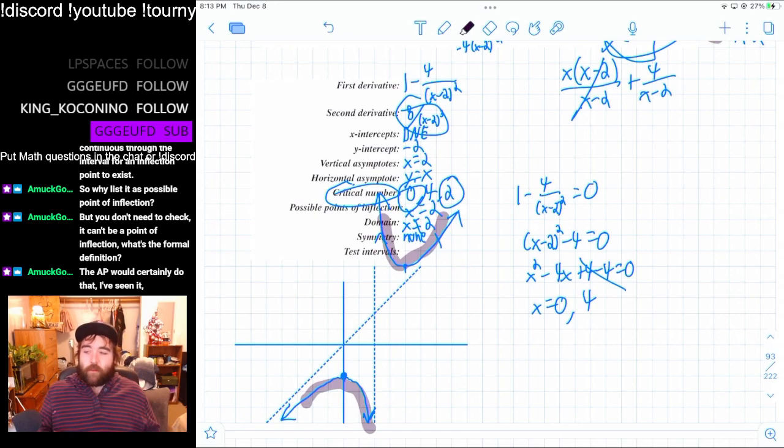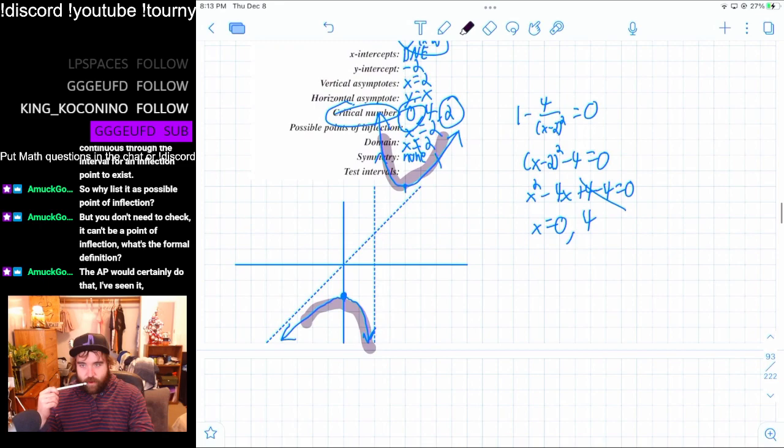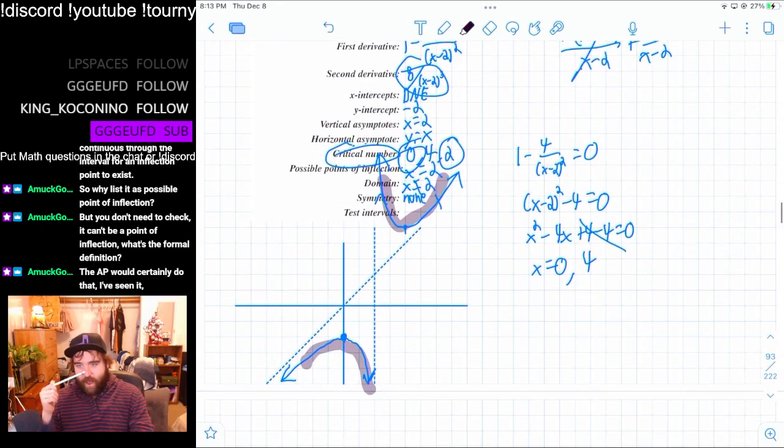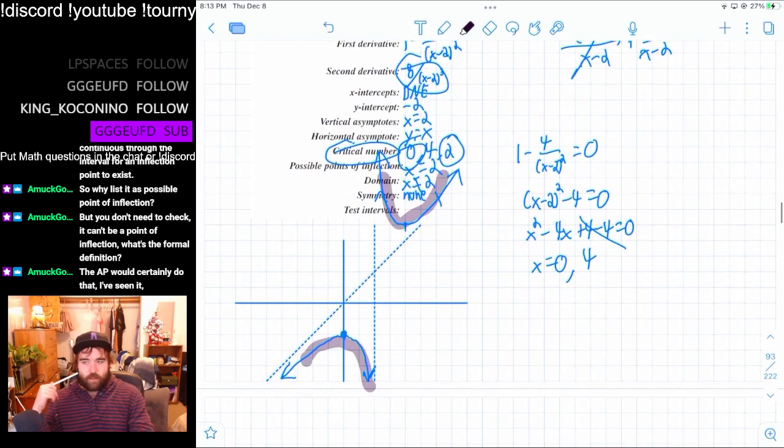I'm not too worried about that. I would list it because it could change concavity there. If they then asked us what are the intervals that it's concaving up and concaving down, that would matter, if we were doing that looking at the number line.